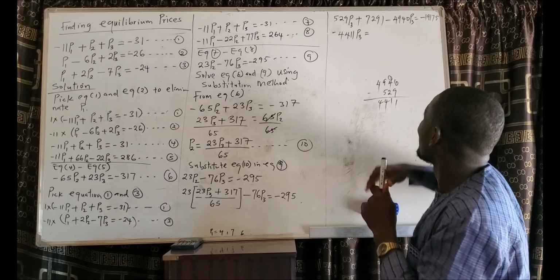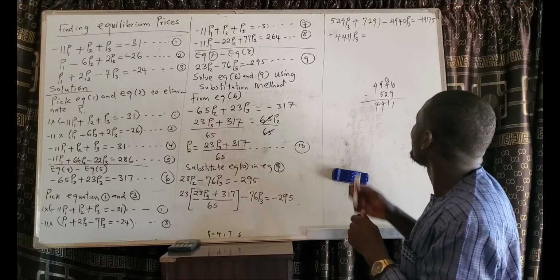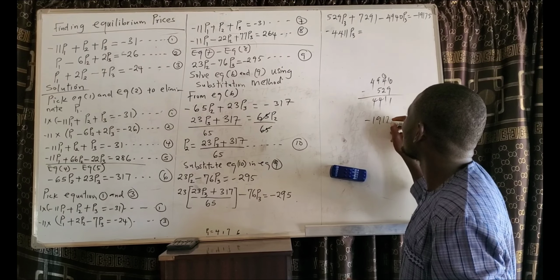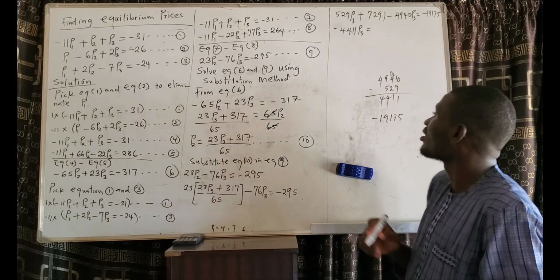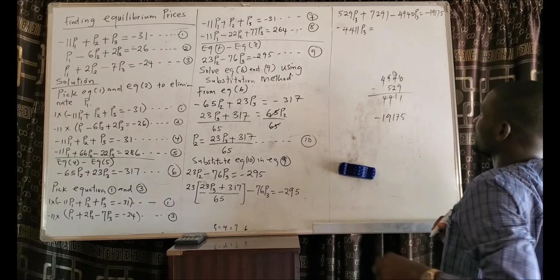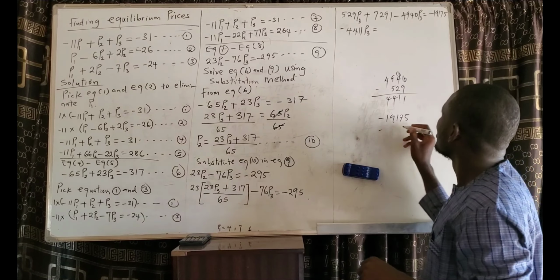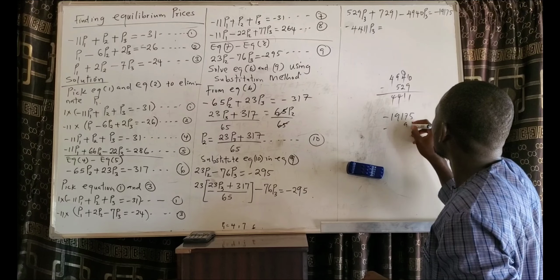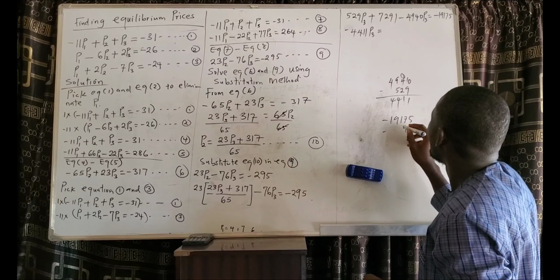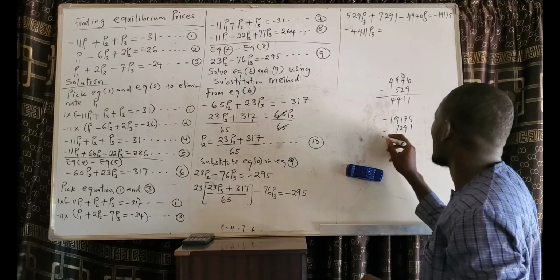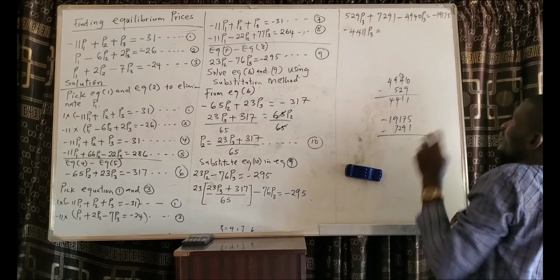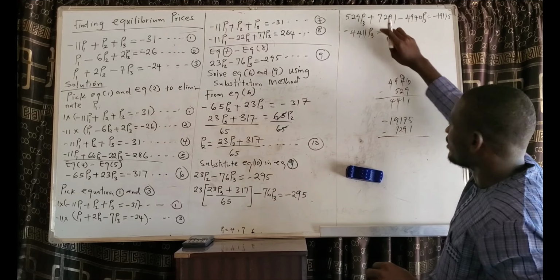Then here you have negative 19175. This one will cross, it will still be negative 1927. Add the two of them, because if this one crossed the right hand side, it will change to negative.